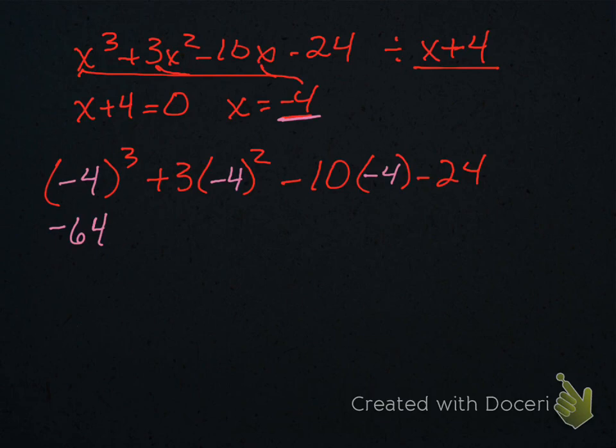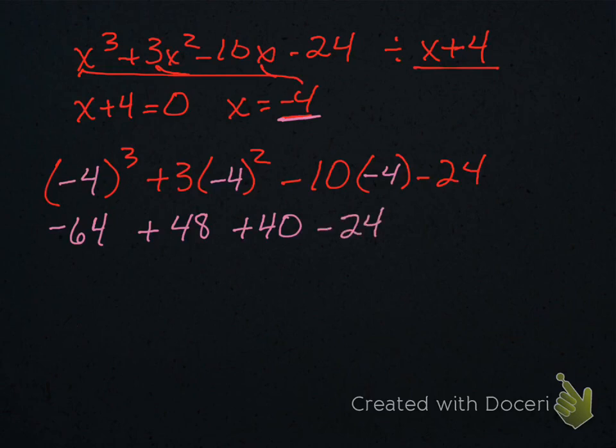Times 3 is positive 48. Okay? All right. Then I've got next term, negative 10 times negative 4 is plus 40. And then I've got minus 24.